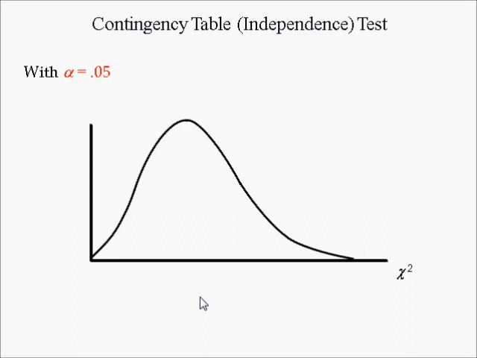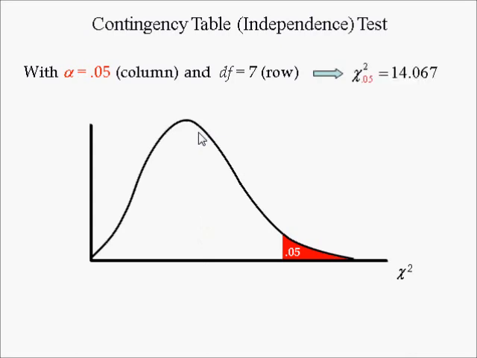With alpha equal 0.05, the upper tail is shaded red, and that area is 0.05. Now, the degrees of freedom are 7, so the mean of this distribution, the hump, is approximately at 7. So the chi-square critical value is 14.067.